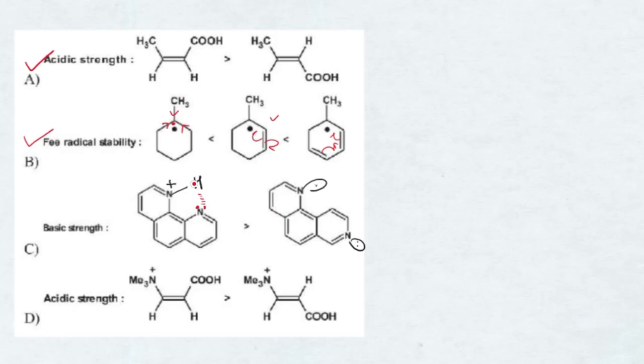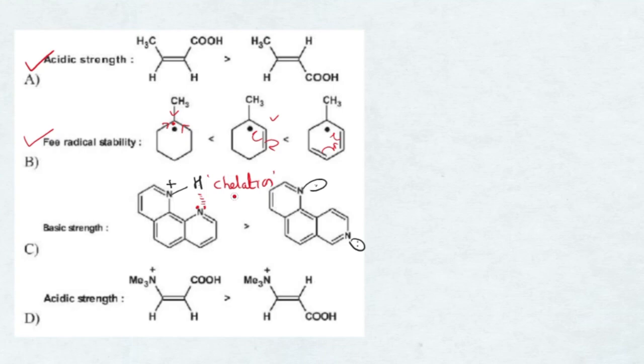It is forming a cyclic structure. You see here, it is forming 1, 2, 3, 4, 5. A stable 5-membered cyclic structure, which we also can call this as chelation.